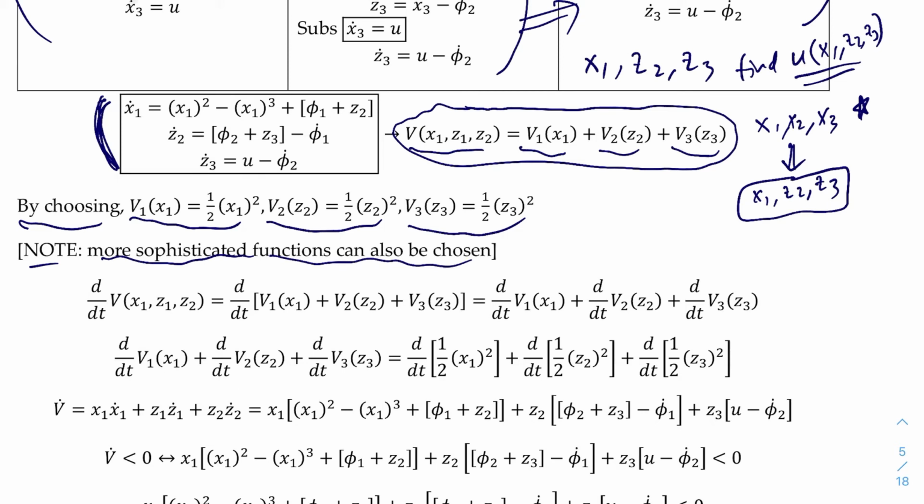Here a note: more sophisticated functions can also be chosen. Now, a bit of algebraic manipulation. Since all of these terms are positive definite by construction, we need to find u such that the derivative is negative definite.